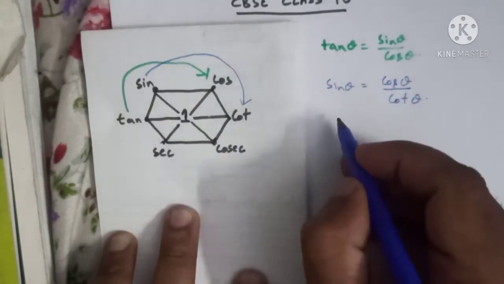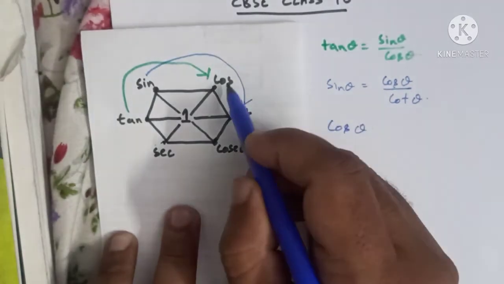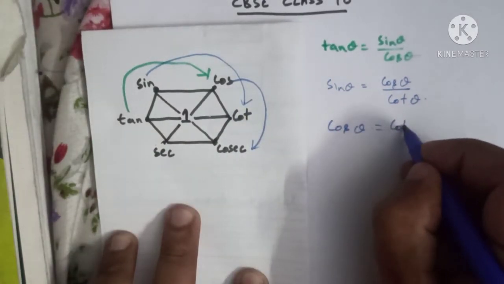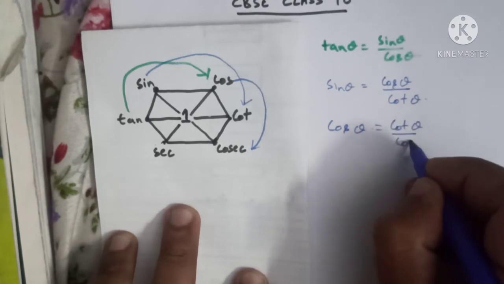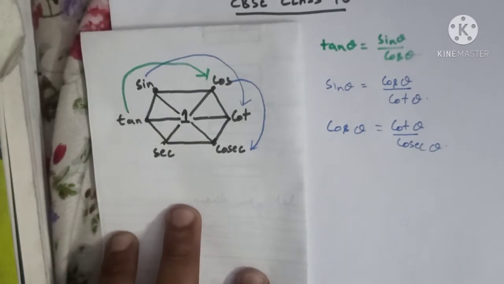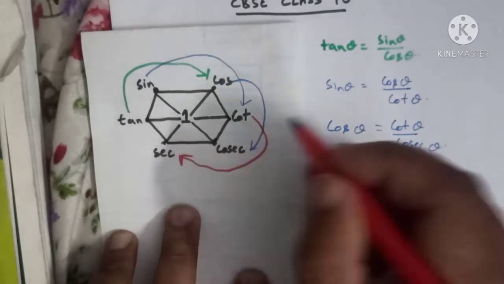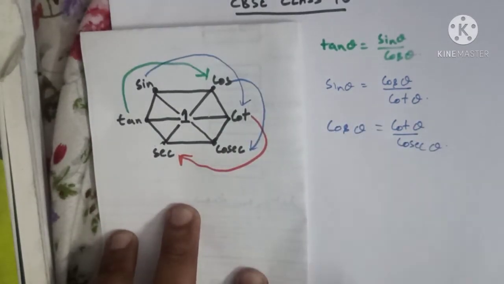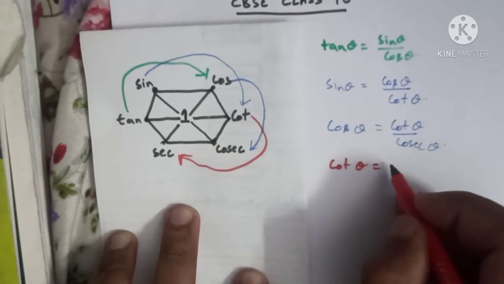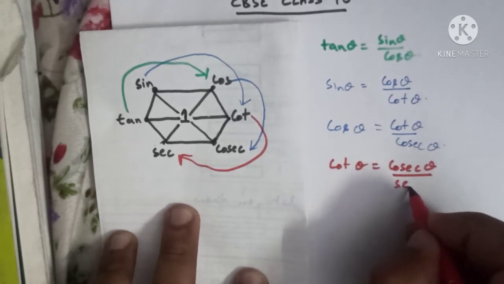Now similarly, cos theta will be equal to cot theta upon cosec theta. Now from cot theta we can go to sec theta, so we get cot theta equals cosec theta upon sec theta.